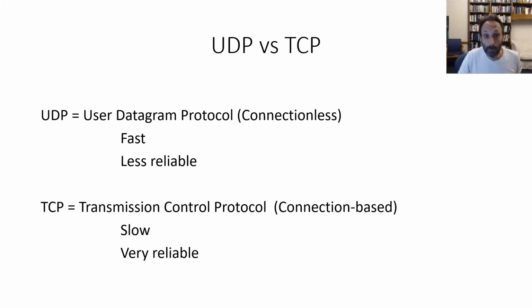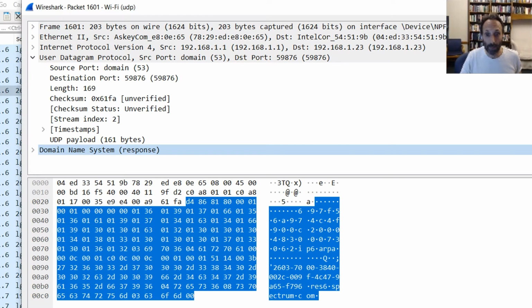It's a bit slower, because you have to first make the connection, but it is particularly reliable. Same thing if you're going to send an email or a file, you really want them to be in the right order. So this was the packet capture I just showed of Zoom, where you see the UDP stream.